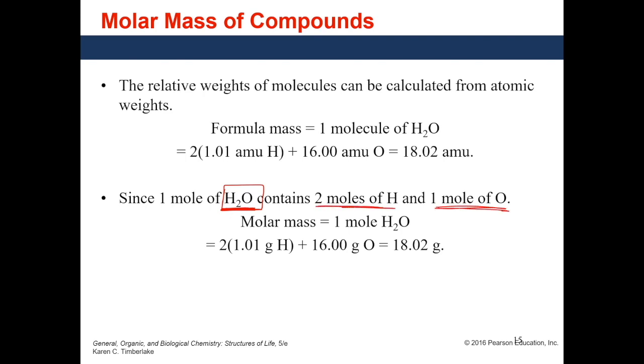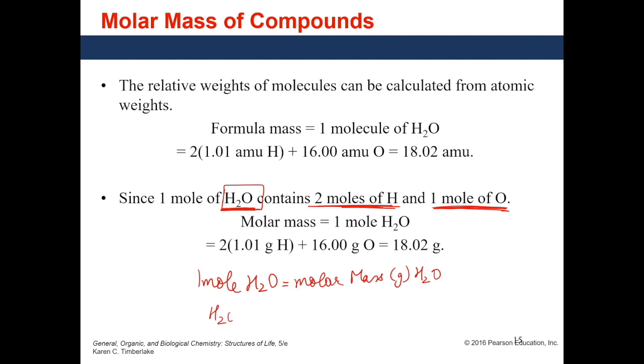So what is the mass of 1 mole of water? That would be the mass of 2 moles of hydrogen plus 1 mole of oxygen, and that mass is called the molar mass of water. So 1 mole of water would weigh how much? It would weigh equal to the molar mass of water in grams. And how can we find molar mass?